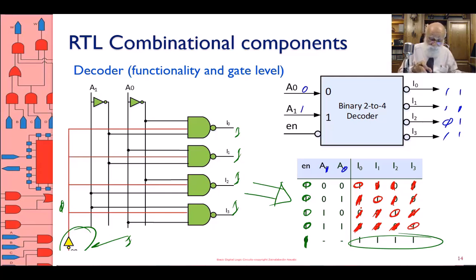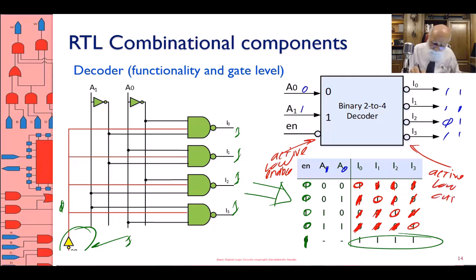I will make a correction of this in the annotated slides. The symbol for it is the symbol I'm showing up there. It has an active low enable and 4 active low outputs.